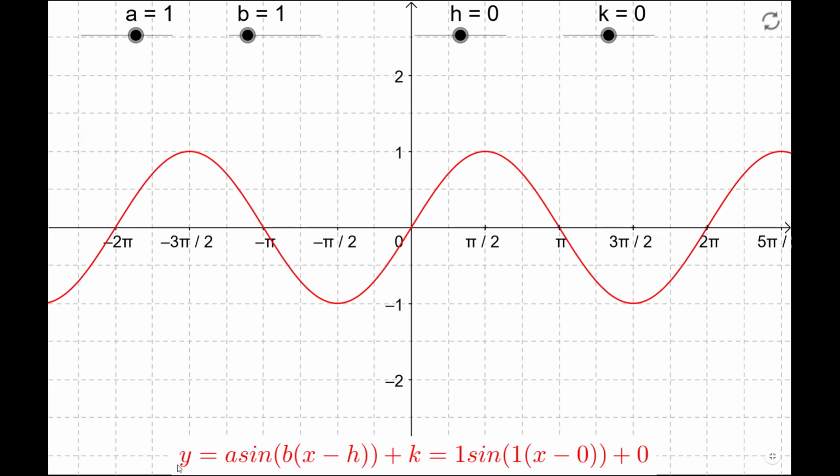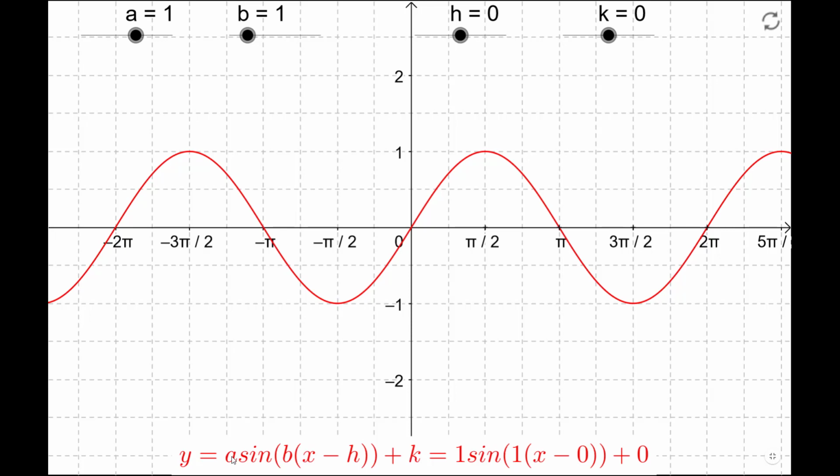So we could think of sine as y equals a, some constant a, times the sine, and inside the parentheses, we're going to have another constant b, times another parentheses, x minus h, and h is a third constant, close double parentheses, and then plus a fourth constant k.